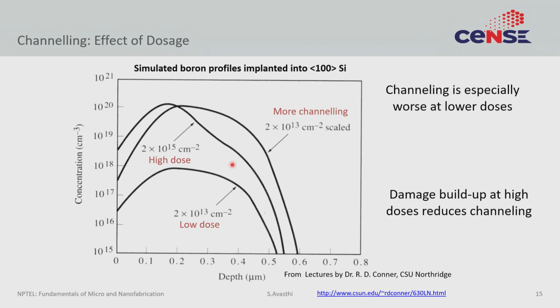So, in some sense it is destroying the lattice as we go along, but as you destroy the lattice, you also destroy the channels that exist in the lattice. So, the channeling phenomena becomes less important. Just because of accumulation of damage, the channeling is a little lower in higher dosages. At lower dosages, you do not accumulate enough damage to significantly reduce channeling.